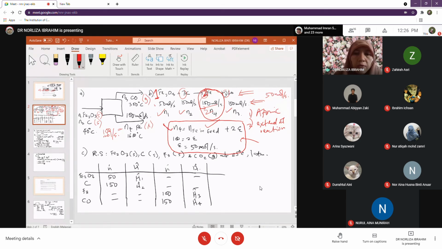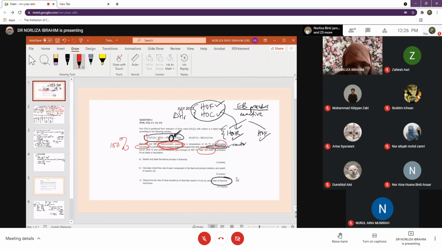Okay, so to calculate the extent of reaction, because this is the heat of reaction method, you need to know the extent of reaction. It's 50 mole per second. Alright, now to calculate the Q, determine the rate of heat transfer to or from the reactor using the heat of reaction technique.